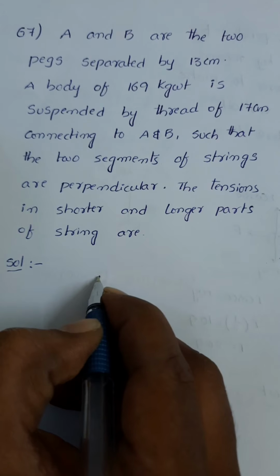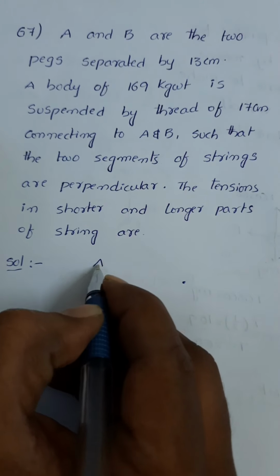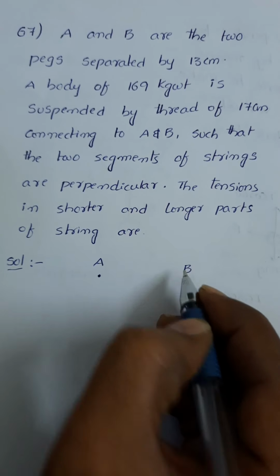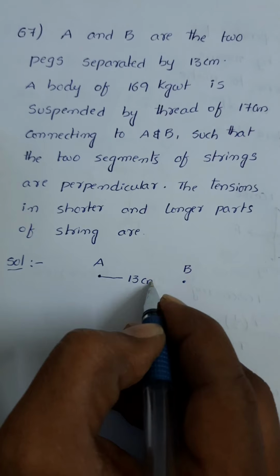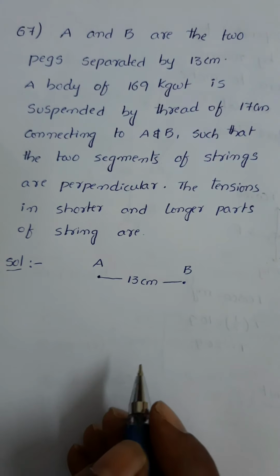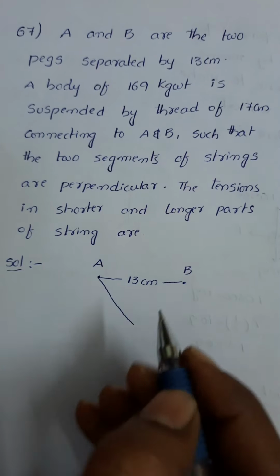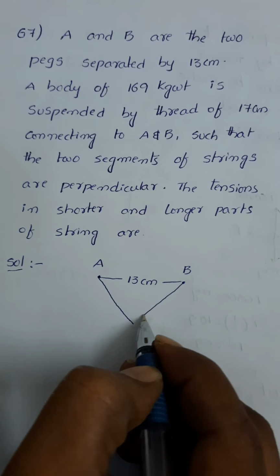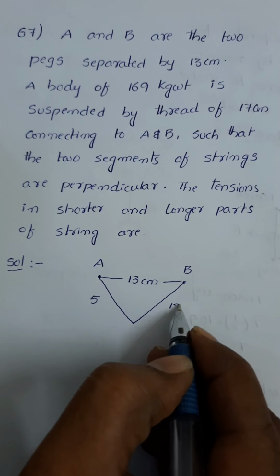According to the problem, two points A and B are separated by a distance of 13 centimeters. These are the two pegs. A 17 centimeter thread: out of the 17 centimeters, one part is 5 centimeters and the remaining one is 12 centimeters.